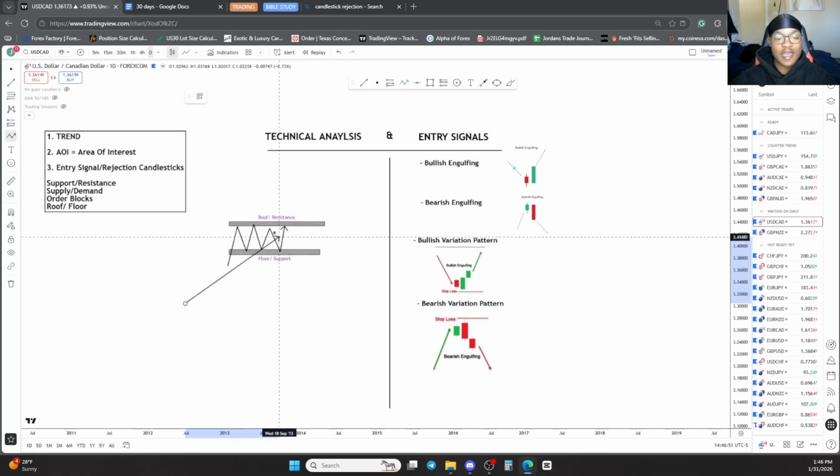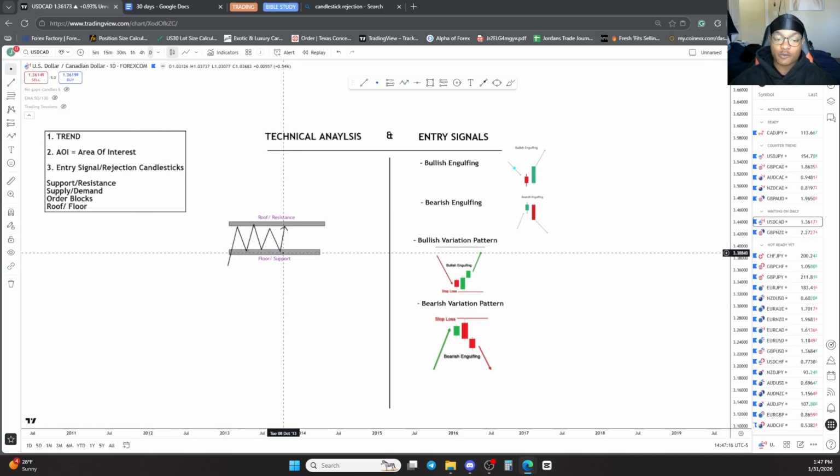When we're looking at price, we can tell what? We see that price gets here, it hits our roof, it rejects, and then it bounces. It bounced all the way down towards our floor, it rejects, and then bounces. Hit our roof, we bounced. Hit the floor, bounce, bounce, bounce. So what can we tell? We can tell that price is forming this ceiling where price cannot break through. It keeps bouncing.